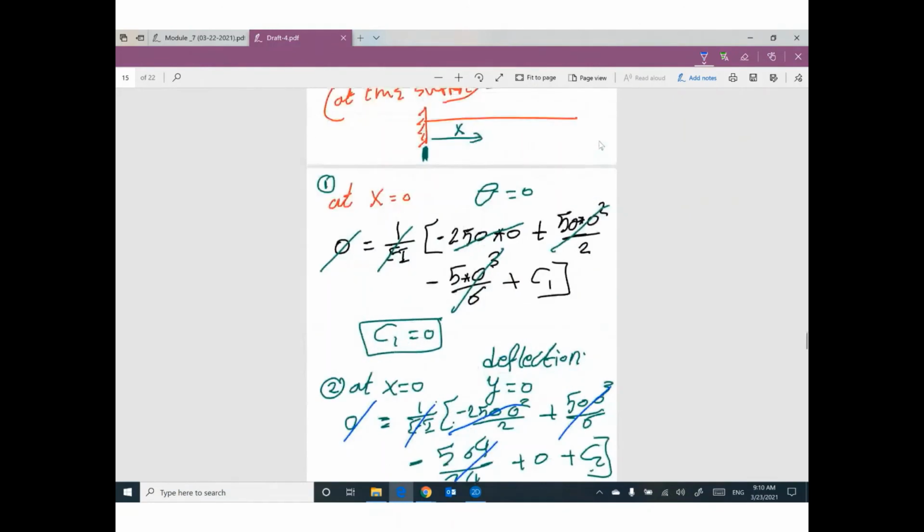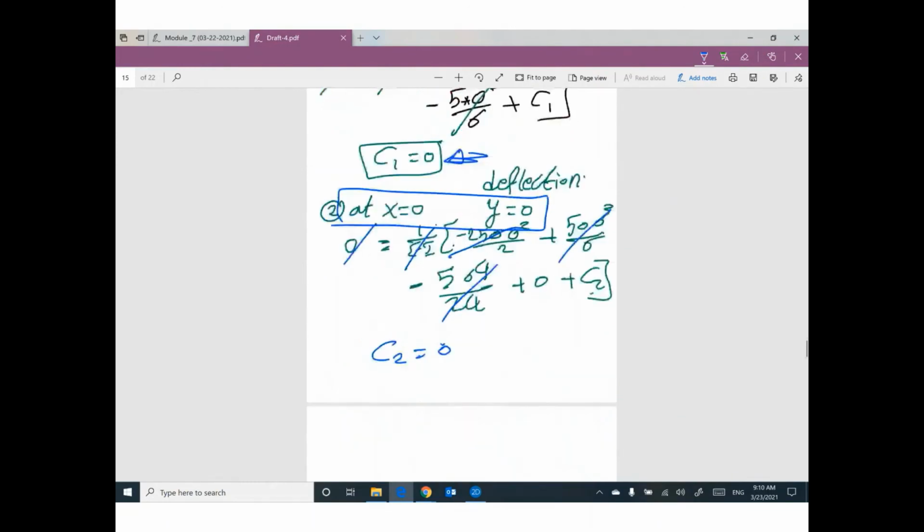So based on the boundary conditions for this problem that you have fixed support, I found the constants of integration equal 0.